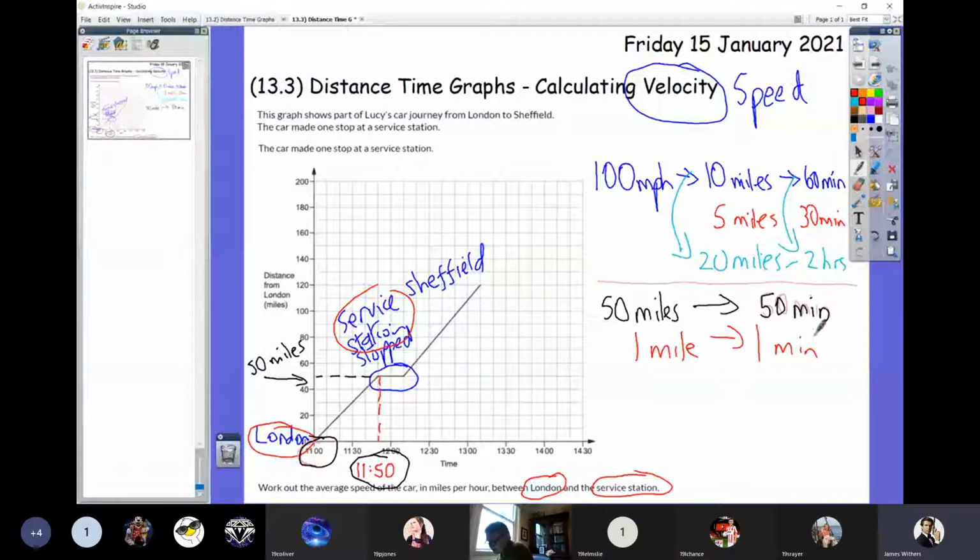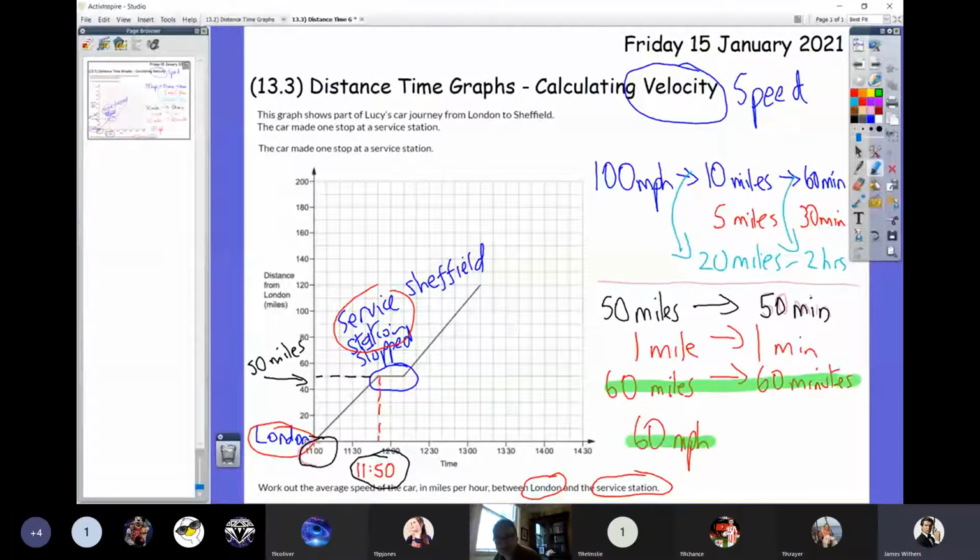To work out the speed, you have to work out how many miles you go in an hour, in 60 minutes. So I would go 60 miles in 60 minutes. To answer this question, work out the average speed of the car in miles per hour: that is 60 miles per hour. So 60 miles in 60 minutes, therefore 60 miles per hour.